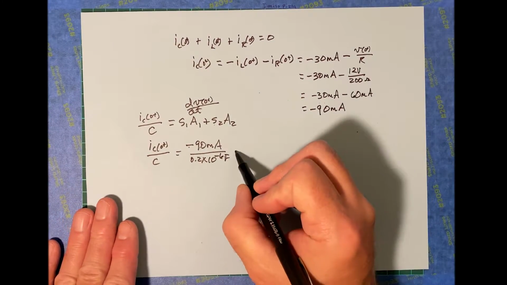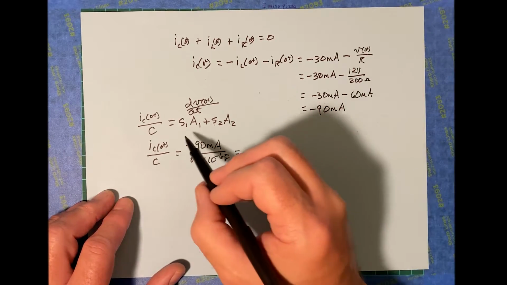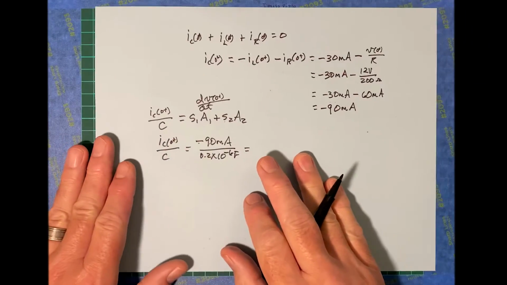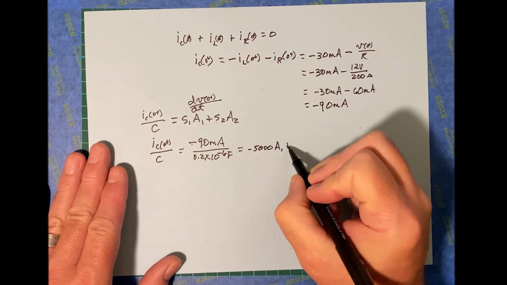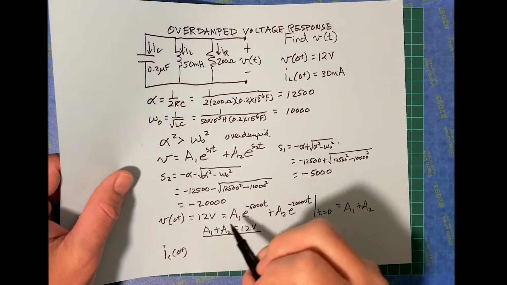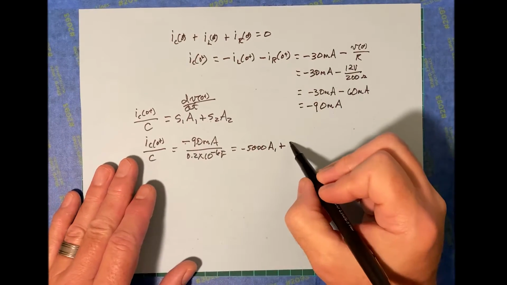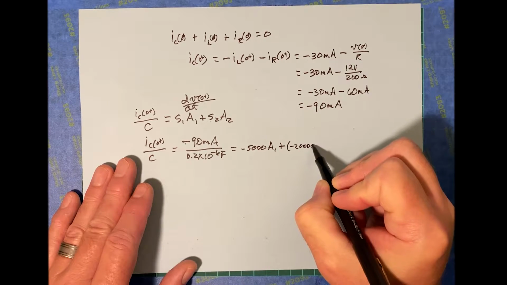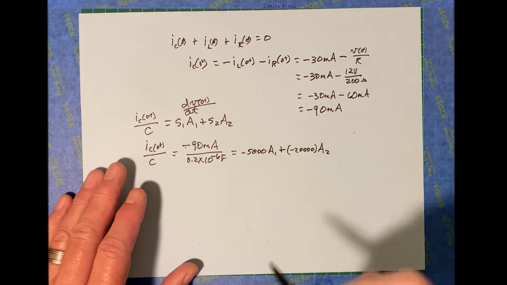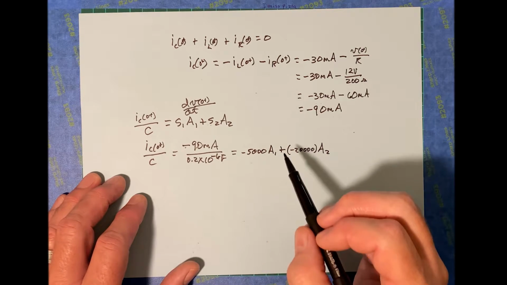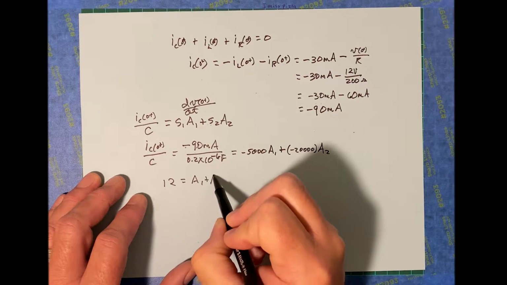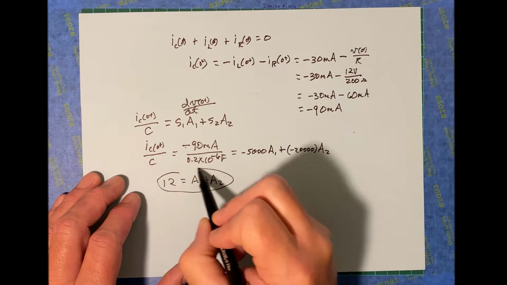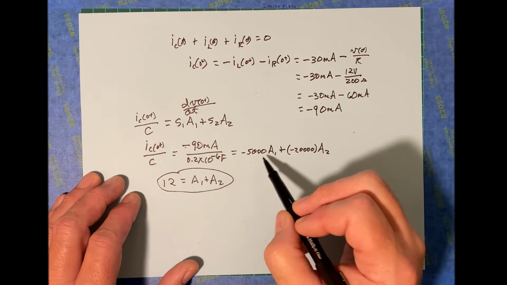And that is going to be equal to S1, which was minus 5,000, A1 plus S2, and S2 was minus 20,000, so minus 20,000 A2. So here are our two equations. Let me rewrite the other one. The other one was 12 equals A1 plus A2. So this is our one equation. This is our other equation.